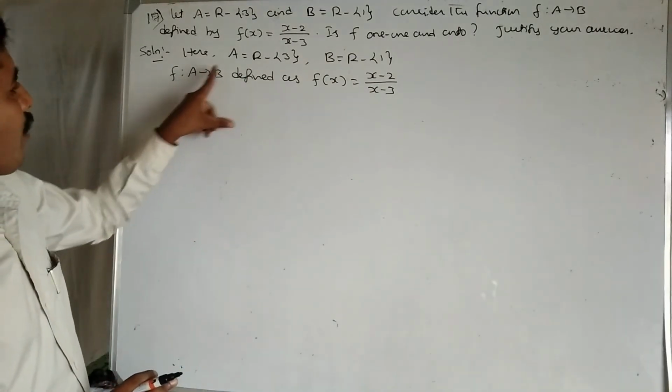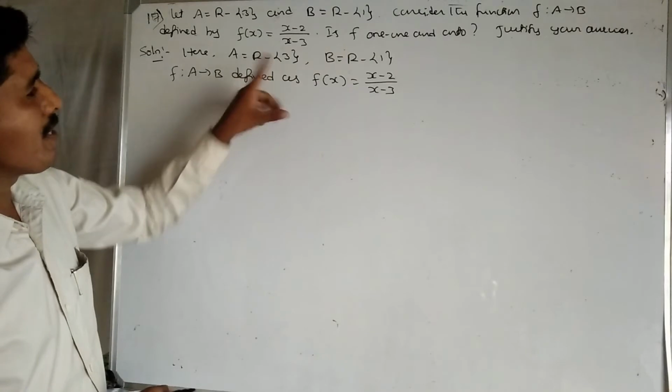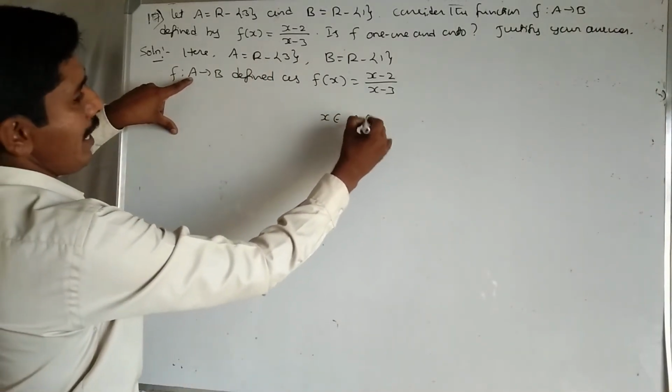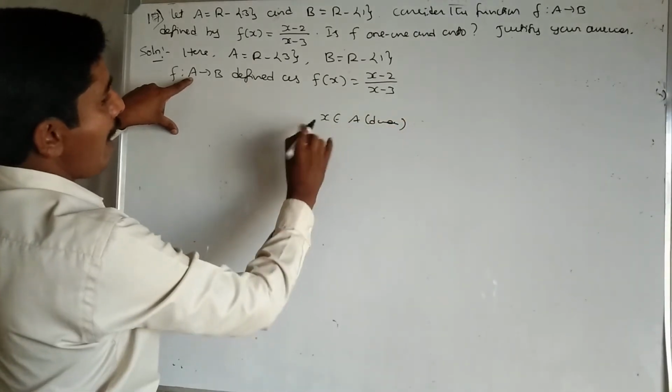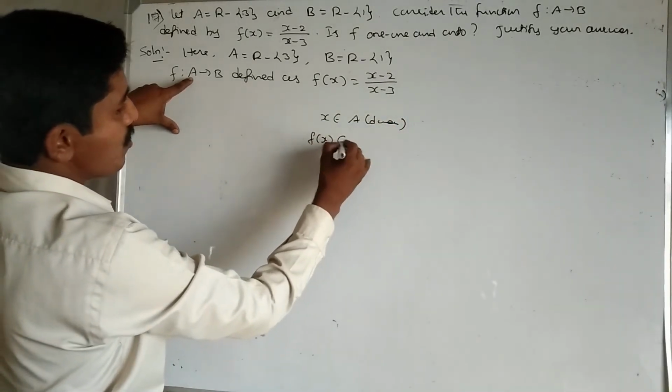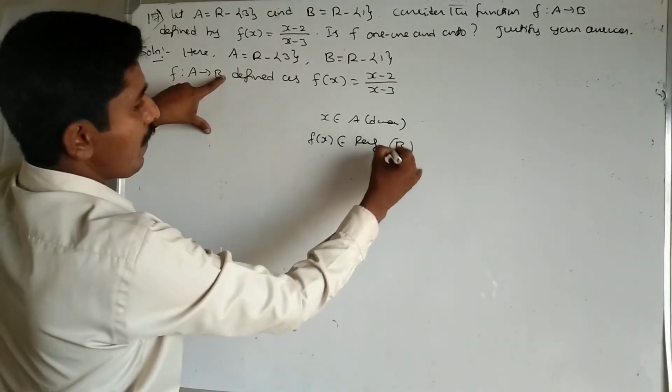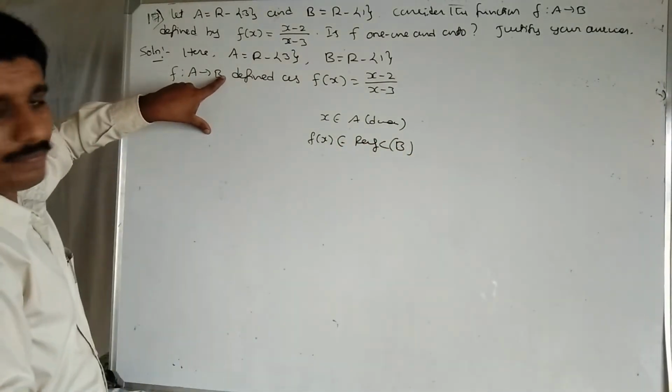The domain is set A, x belongs to the domain A, and f(x) belongs to the range. The range is a subset of the codomain B.